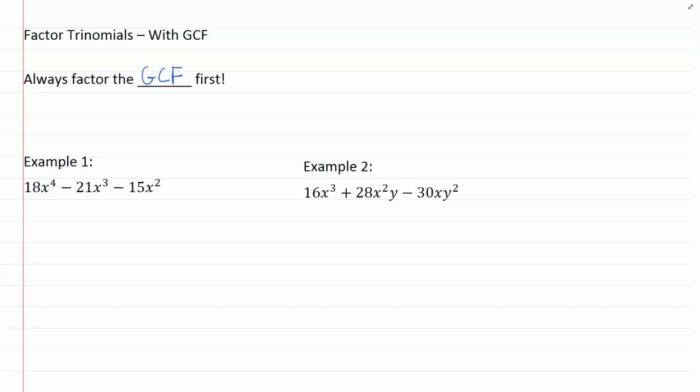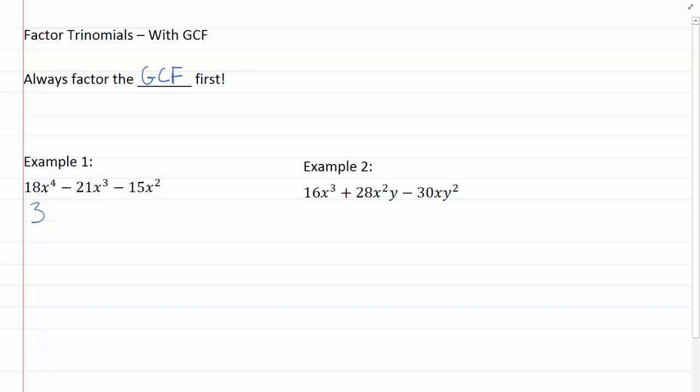So let's go ahead and look at this example 1 right here. We've got 18x to the 4th minus 21x to the 3rd minus 15x squared. In this case, I'm seeing that all of these are multiples of 3, so I can pull out a 3. And I'm also seeing that they all have x's in them.